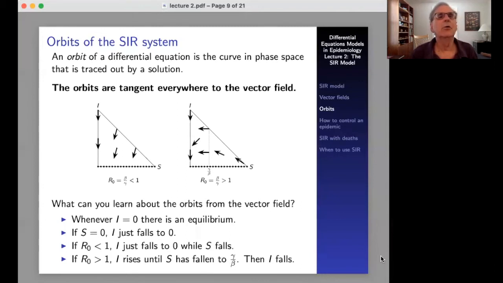Now, what are the orbits of the SIR system? An orbit of a differential equation is the curve in phase space that is traced out by a solution. So if we had a solution of this differential equation, as time goes on, it would trace out a curve in SI space, and that curve is called an orbit.